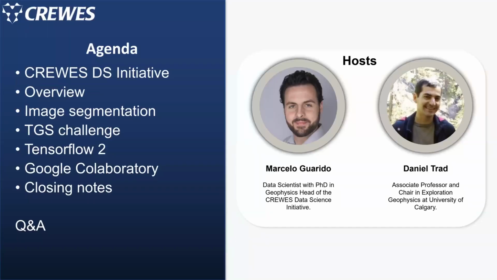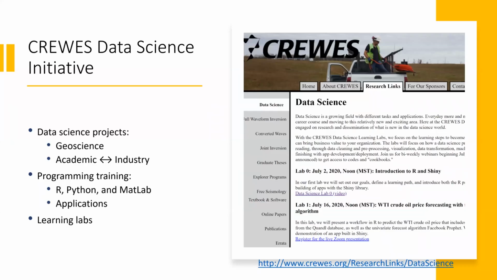So going back to the presentation, the Cruise Data Science Initiative is a new initiative in Cruise where we are focusing on doing machine learning and data science projects, focusing on the geoscience road, but we also do other types of projects that could involve engineering, HSE, and other stuff. We are mainly focused on academic research, and we also have some industry research. So we do both. We also provide some training, like for programming in R, Python, and MATLAB.